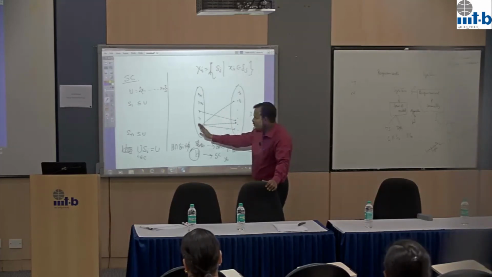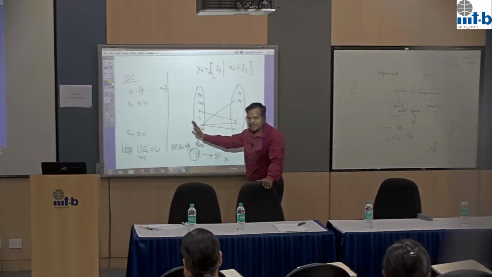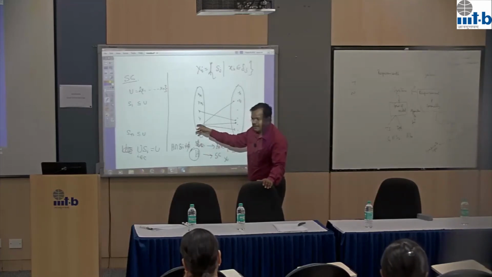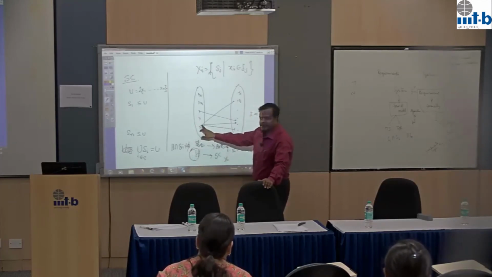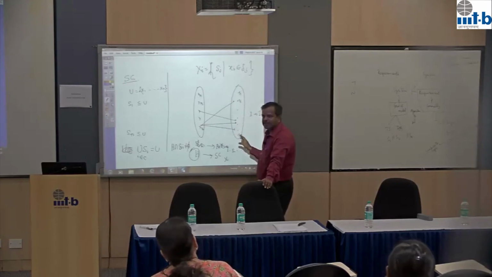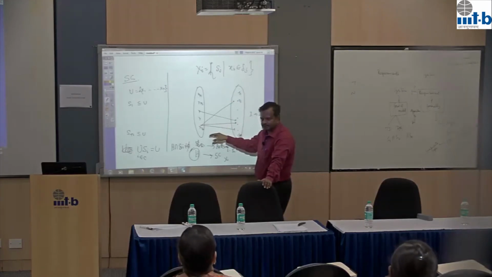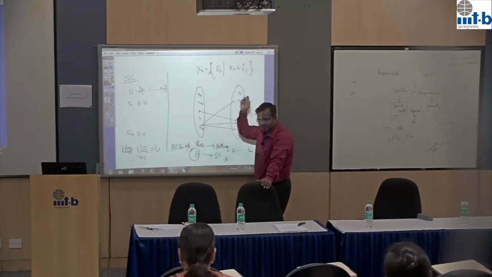But if I want to do that for the hitting set, I want to start on the right hand side, pick an element of maximum degree, include that in the hitting set, delete this vertex and delete all the vertices on the right hand side which are incident on it. Okay, repeat that process.